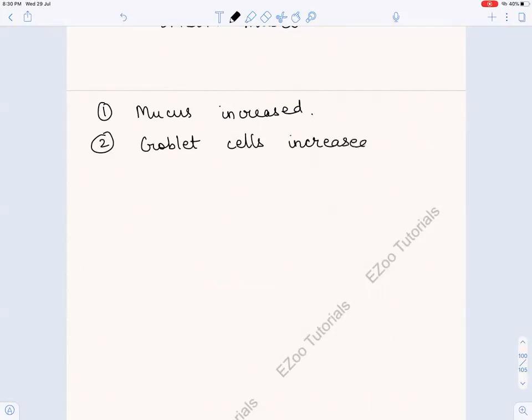What all happened? First thing that happened was mucus increased. Second thing that happened was goblet cells increased. Third thing that happened was the basement membrane thickened.